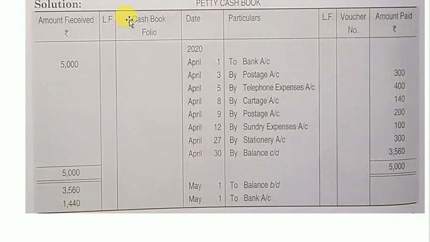Imprest amount is a definite sum which a head cashier provides to the petty cashier for their regular expenses. So to maintain this 5,000 rupees, again the petty cashier will take an amount of 1,440 rupees from the head cashier or the main cashier.